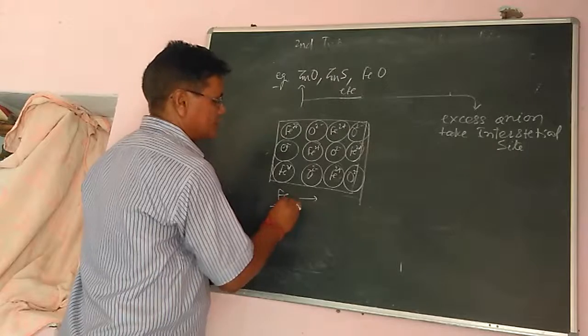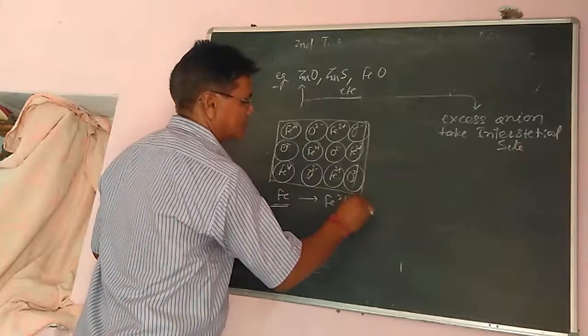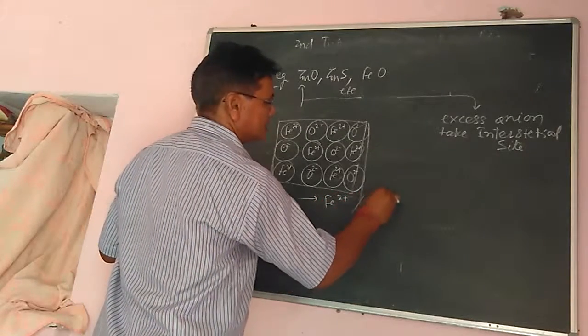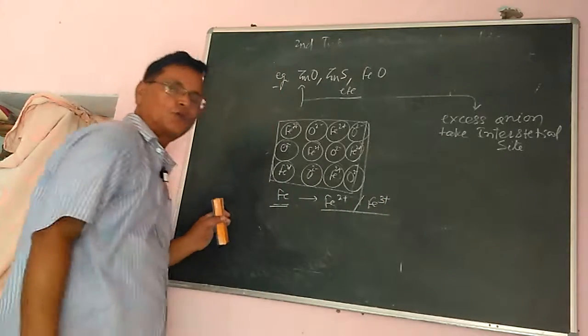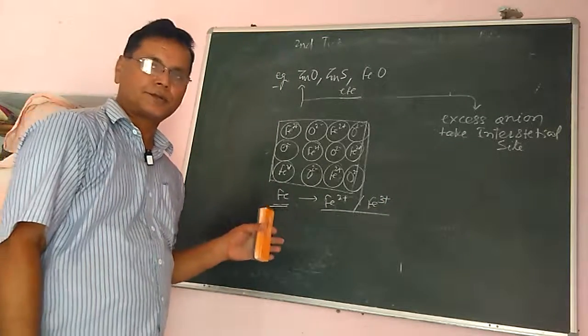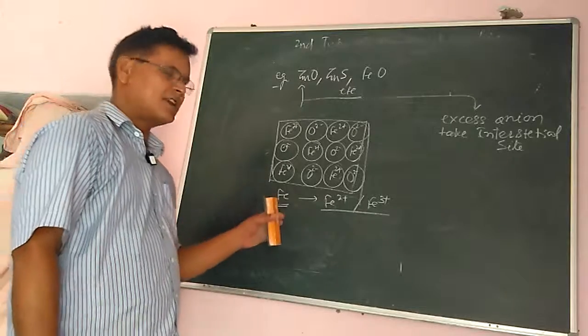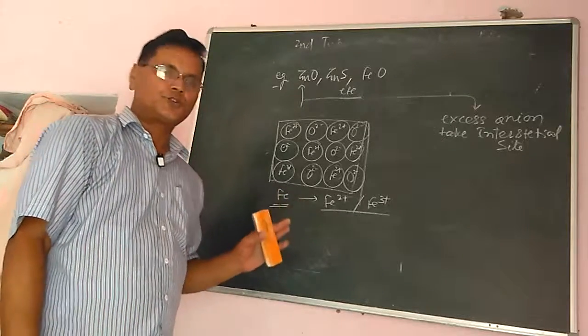Now Fe, which is a transition metal, exists as Fe2+ and Fe3+, and it is a non-stoichiometric defect. So the ratio of cations and anions will not be the same.